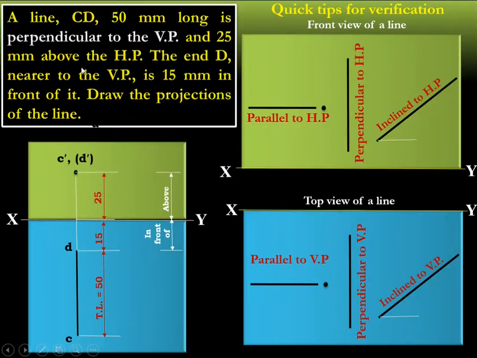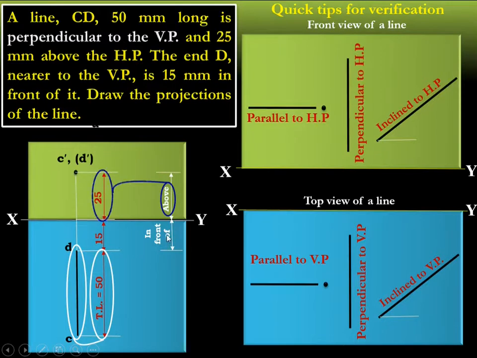When a line is parallel to one plane and perpendicular to the other plane, the perpendicular view will have a length equal to its true length. The line is located 25 mm above the horizontal plane and one end of the line is 15 mm in front of the vertical plane.